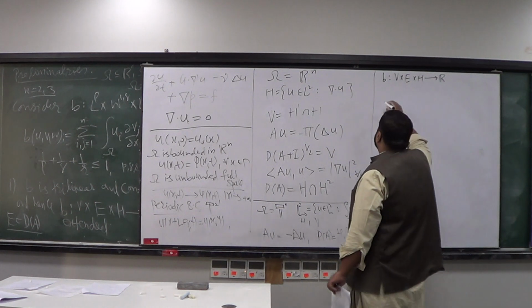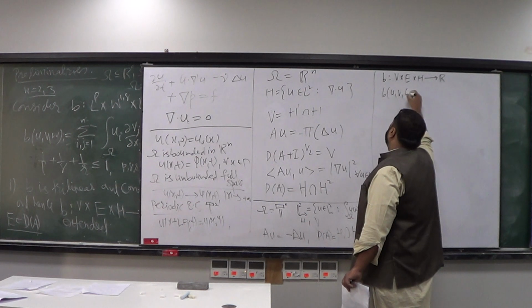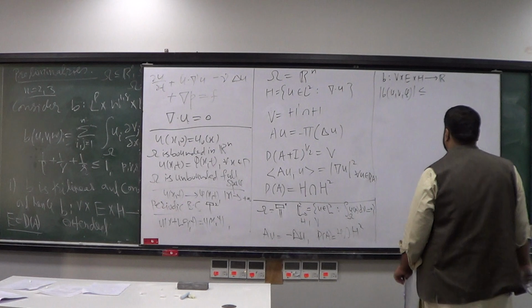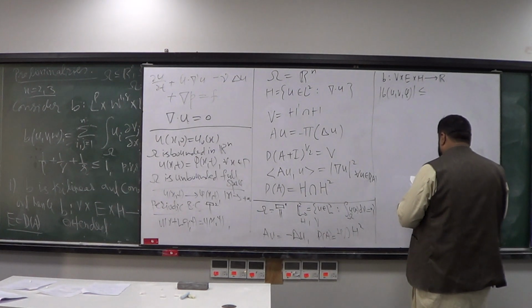And then the B of U, V, phi satisfies, its absolute value satisfies this.